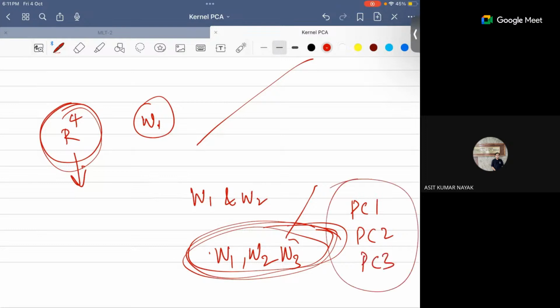Okay, and those 3 principal components can help us reconstruct the data, or reduce the dimension, right? So from 4 we are coming to 3 dimensions, and maybe we can come to 2 dimensions if the 4 dimensional data set was lying on a plane. Are you getting this? Is everyone getting this or not?